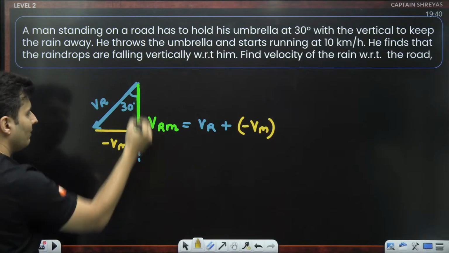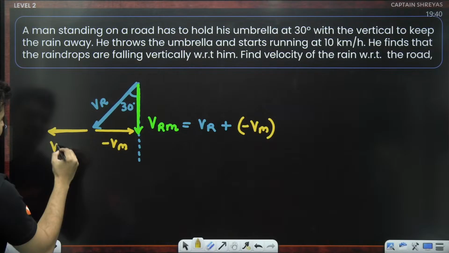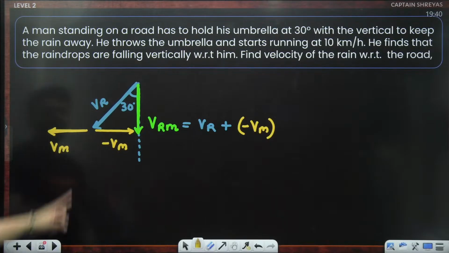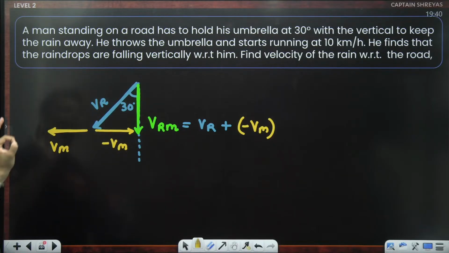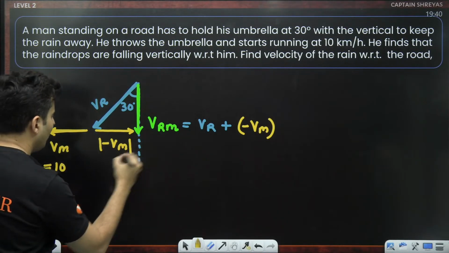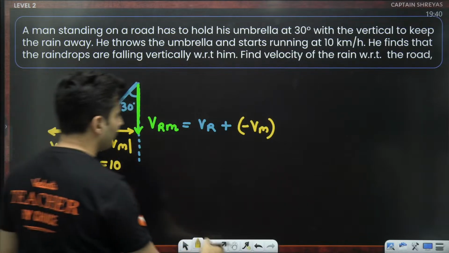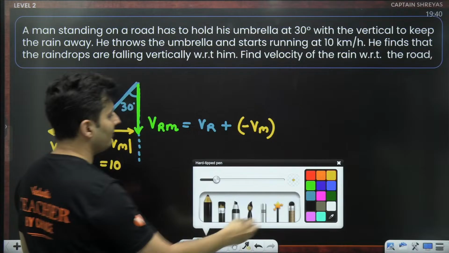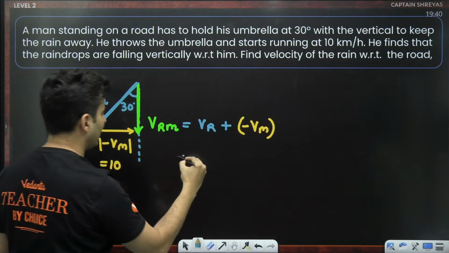Vr plus negative Vm by triangle law is this. That means the velocity of the man is in this direction. That is what the person is going. Find the velocity of the rain with respect to the road. Okay, perfect. What is the man's velocity? The man's velocity was given to be 10. So minus man's velocity is also going to be 10. In this triangle, I will find which ratio? Opposite hypotenuse. So sine theta.